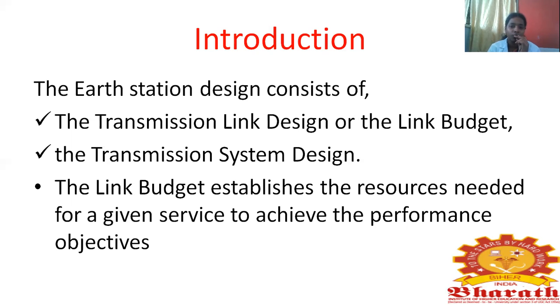If your performance is beyond the objectives, it is well and good. If you are unable to meet the performance objective, then what service you have to use to reach it has to be considered in the transmission link design.